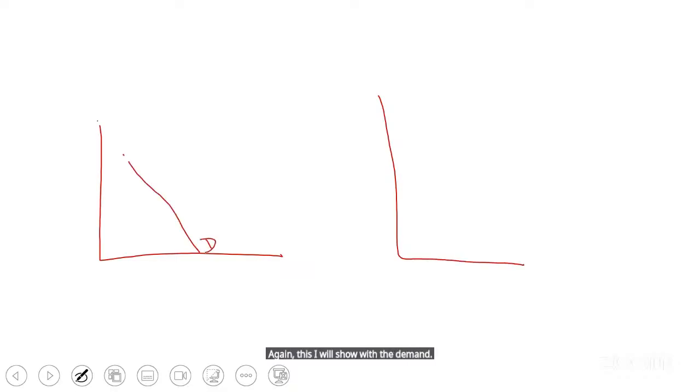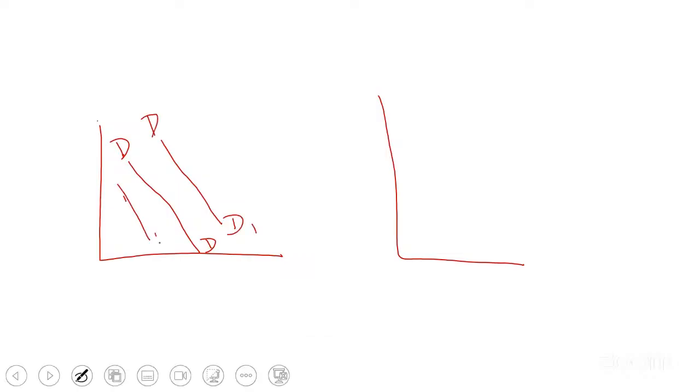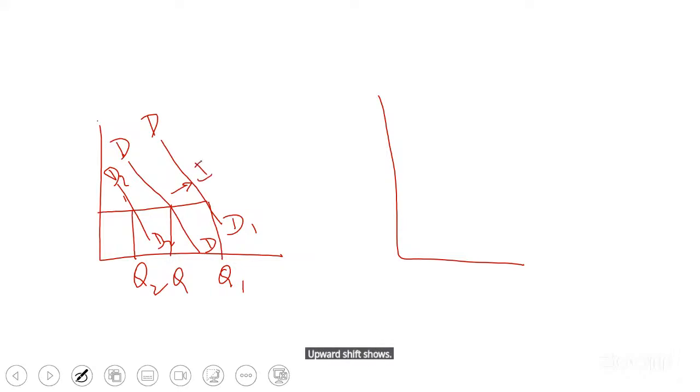In demand, price being constant, upward shift shows increase in demand, or rightward. Upward and rightward are the same. Downward shift shows decrease in demand, right? So now let us look at supply.